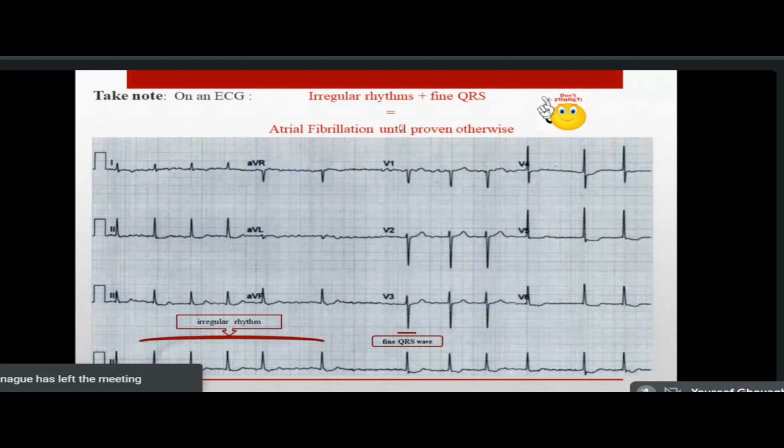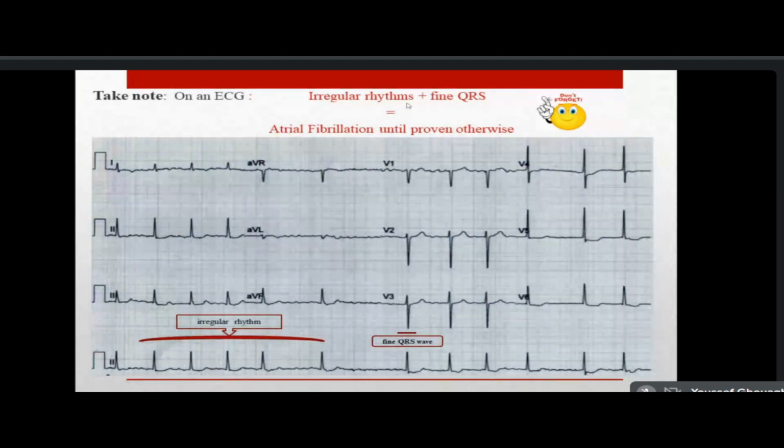We must first think of atrial fibrillation. So to take notes, it's very important and easy to remember: irregular rhythm plus narrow QRS equals atrial fibrillation until proven otherwise. You can take a picture of it. It's an easy way to remember atrial fibrillation.